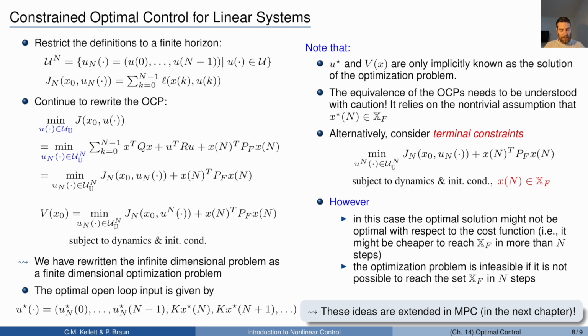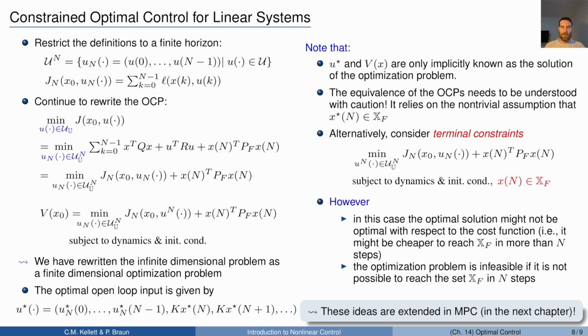But nevertheless, the takeaway here is that if we want to solve optimal control problems, meaning taking cost functions into account in the controller design, then this is in general a difficult problem to solve, because the problem we started with is an infinite dimensional problem to be solved to obtain the optimal input and the optimal value function.